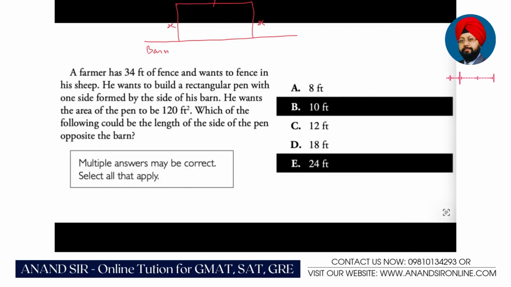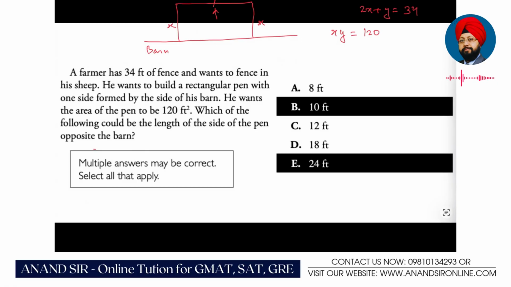He has 34 feet of fence, so 2x plus y is equal to 34, and then the area should be 120 feet, that is x into y is equal to 120. Which of the following could be the length of the side of the pen opposite to the barn? So we need to find y. Which of the following could be y of A, B, C, D, E?